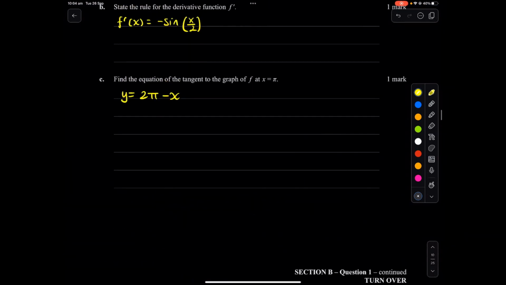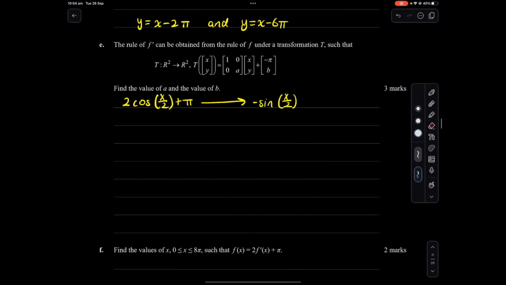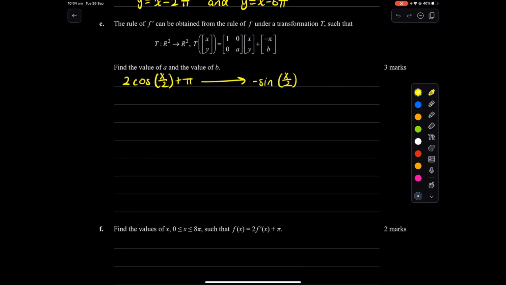Yeah? Perfect. So what I would do is I would actually expand this matrix. So it will be x dash equals x minus pi, and y dash is equal to ay plus b. And I'm going to solve for x, so it'll be x dash plus pi as your value of x, and this one will be y dash minus b over a as your y.